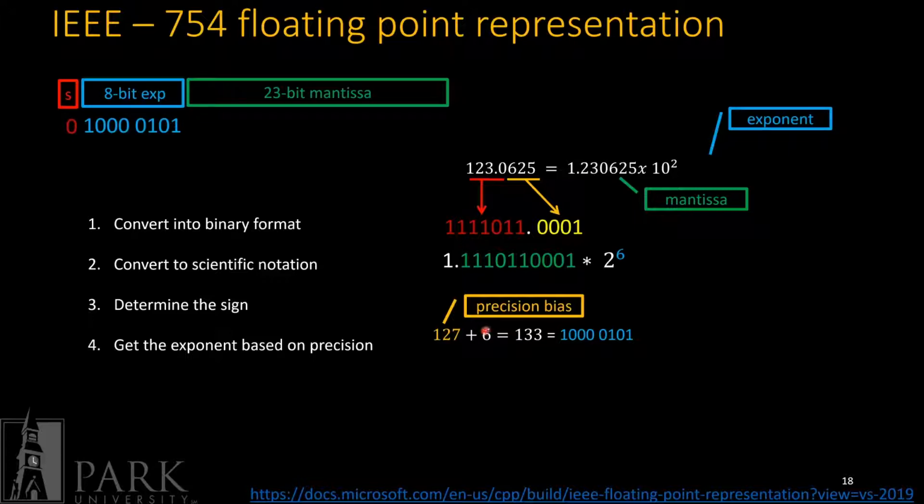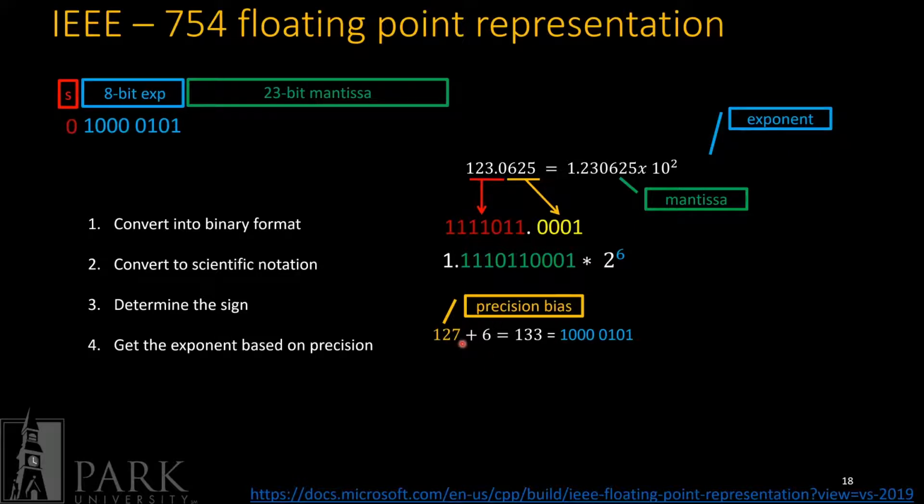We have zeros and ones to work with. So what this does is it gives us a halfway point. Okay, if a number is greater than 127, it tells the compiler how to shift the bits accordingly, right? So if it's above 127, we're going to have a number greater than 1, and if it's less than 127, then we're going to have a number that's less than 1, or a fraction, excuse me.